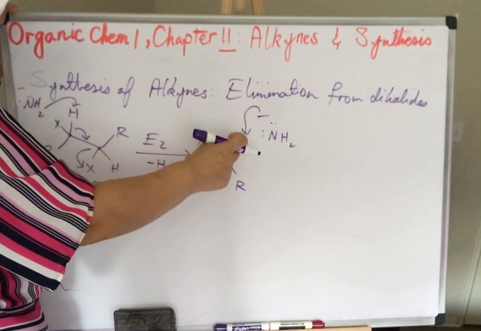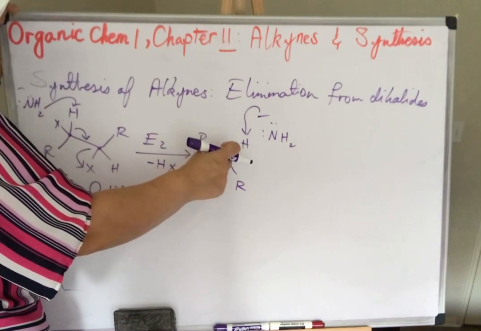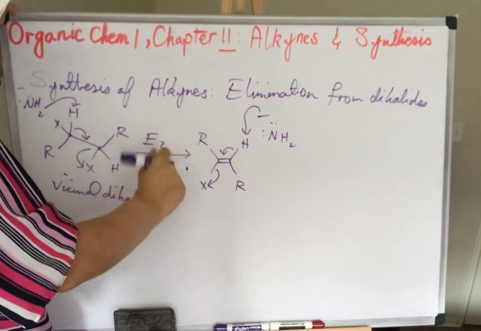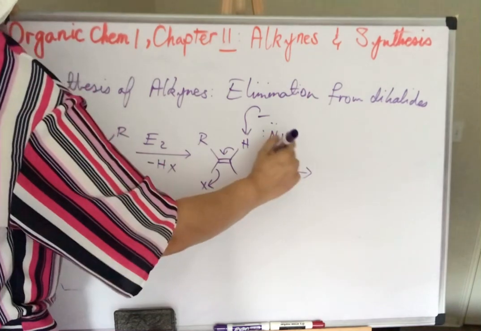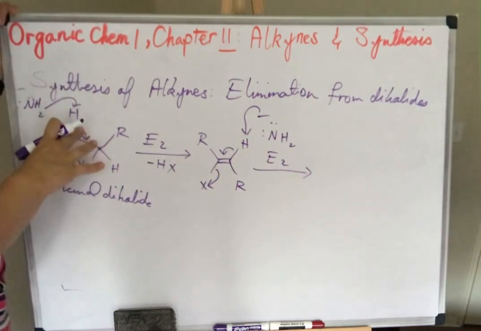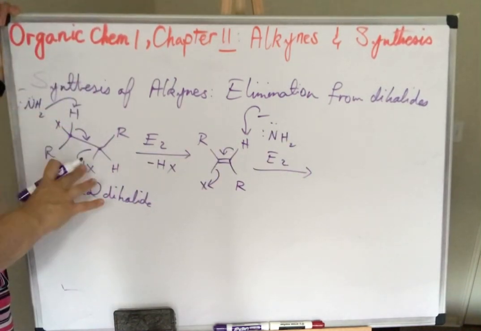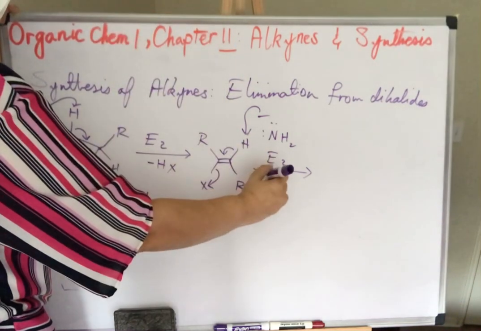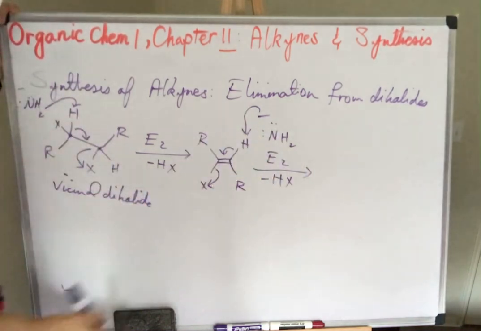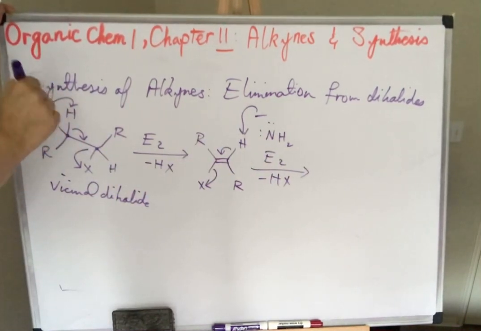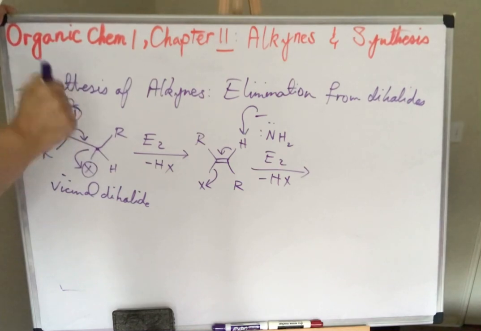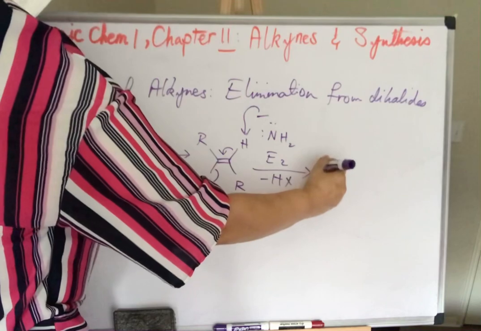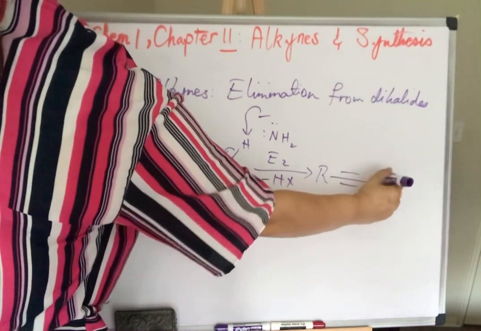The electrons will form a triple bond, and the halogen in the anti-position will leave as the leaving group. So another E2 reaction. So in order to form the alkynes from dihalides, you need to have 2 E2 eliminations back to back, but we must have halogens and hydrogens in the anti-positions. So you will end up having this compound.